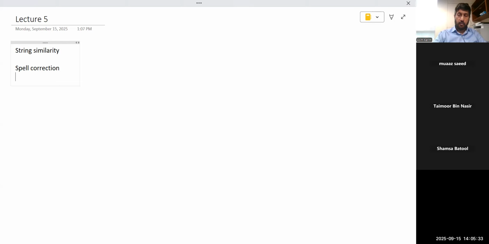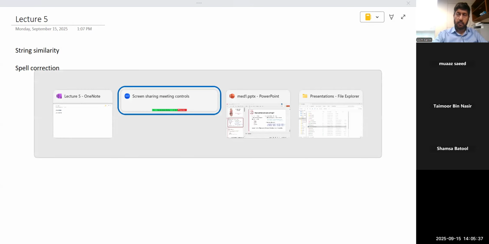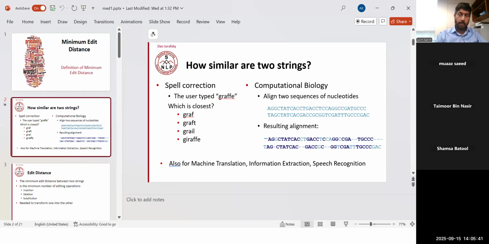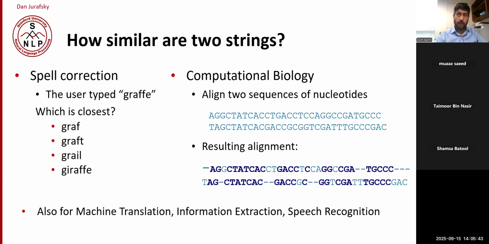Okay? So, for example, there's an example in the slide. Let me just go over the slides. Let's say someone has typed GRAFFE. The system would then recommend from the dictionary the words that are most similar to it.